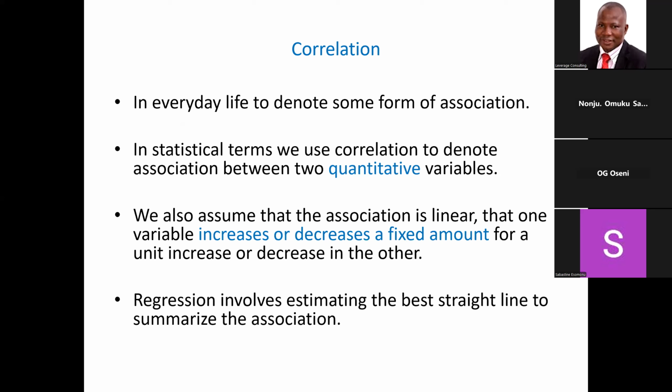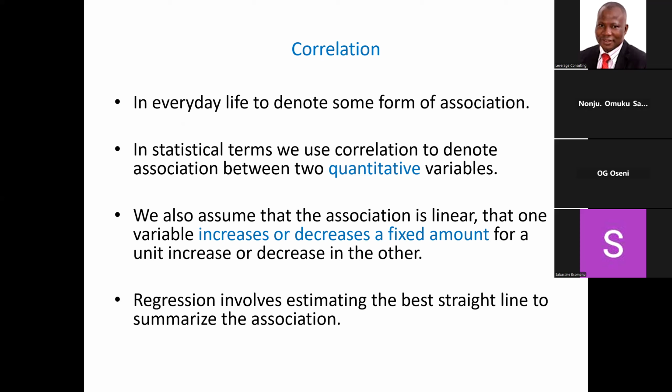Just like if you are looking at association between the number of adverts watched and the number of packets of goods bought. You say it's linear if, as the number of adverts watched increases by 1, the number of packets bought increases by a fixed amount. If you watch 1, you buy 3 packets.